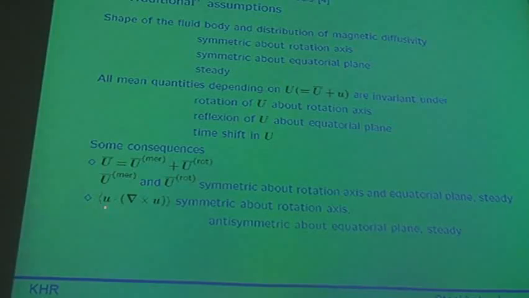Such quantities, like, only to be considered as an example, U curl U, are under these assumptions symmetric about the rotation axis, antisymmetric with respect to the equatorial plane, and steady. So alpha is, roughly speaking, equal to this quantity. And so alpha changes sign if you go from the northern to the southern hemisphere.